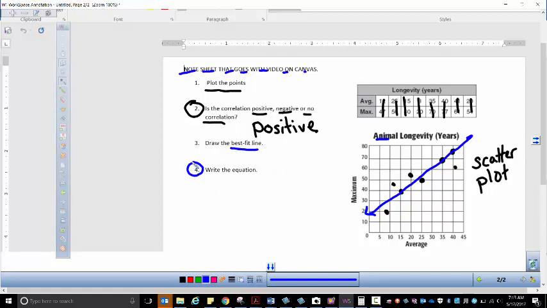So step 4 says I need to write the equation. So you need to pick 2 points that are on your line. So if I look, I have this point, and I have this point, and I have this point. So you can pick whichever ones you want, but you only need 2. So I think I'm going to use the first one, which looks like it's 15, 40.